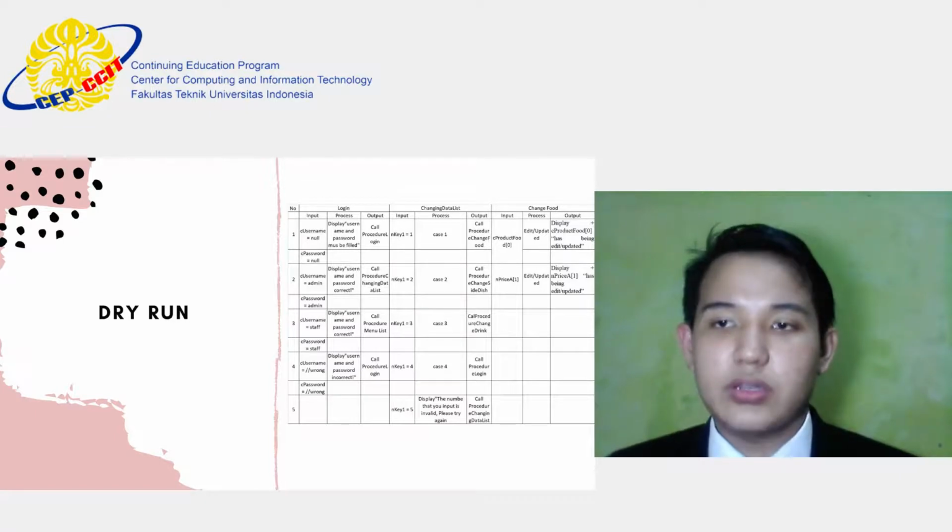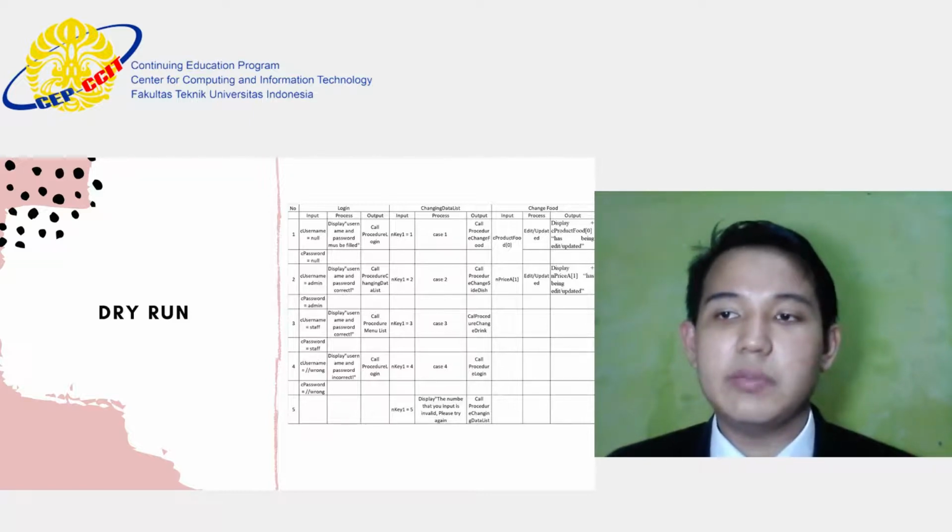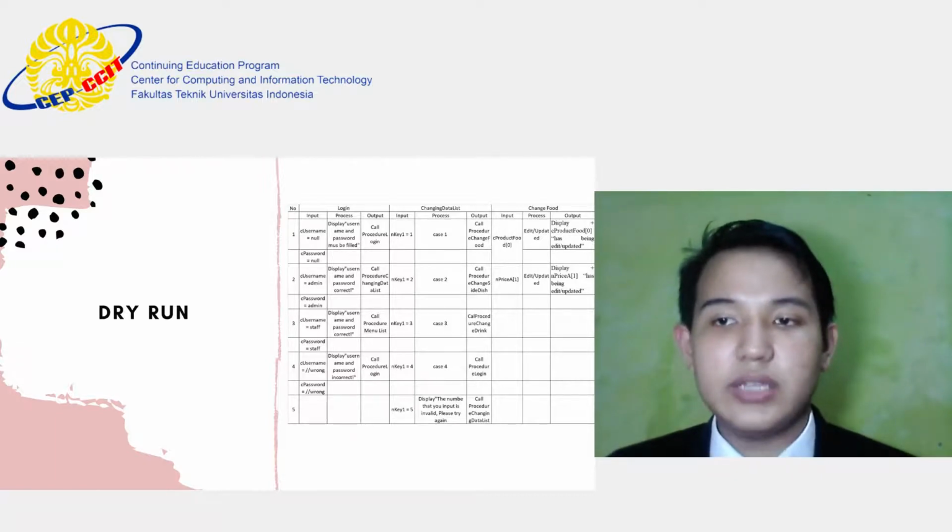If the input C product food array 0 C product food 0, the process will be edit slash update. The output will display plus C product food array 0 has been edit slash update. The second case is if the input n price A array 1 bracket 1, the process will say edit slash update, display plus n price A 1 has been edit slash update.